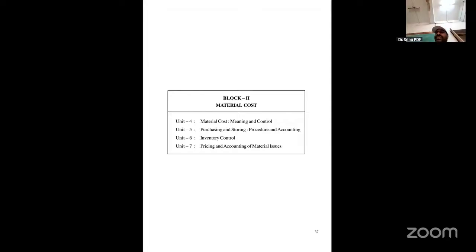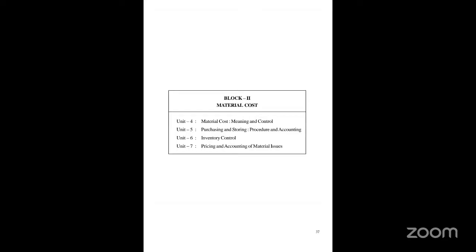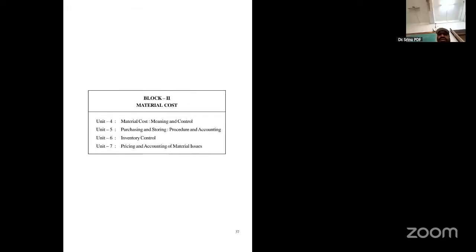See, material cost is one of the important elements in costing. Is it clear? Yesterday we already discussed the different elements of cost.